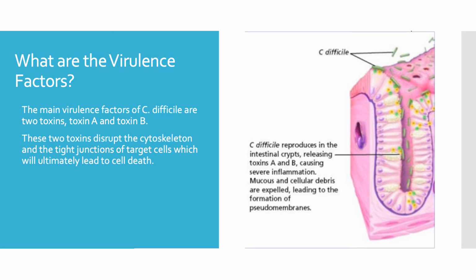As you can see in the illustration, the C. difficile reproduces in the intestinal crypts, releasing toxins A and B, which will cause severe inflammation. Mucus and cellular debris are expelled, leading to the formation of pseudomembranes.